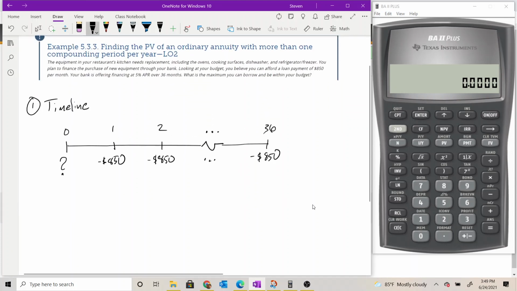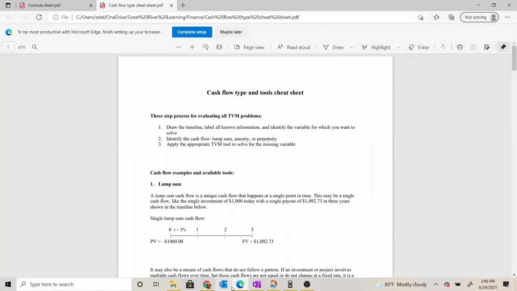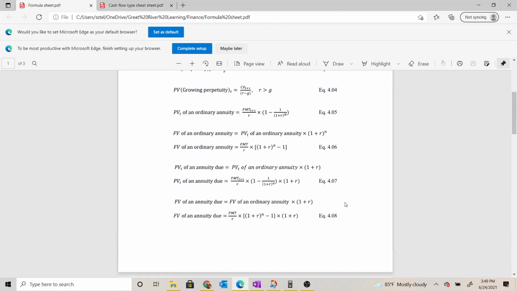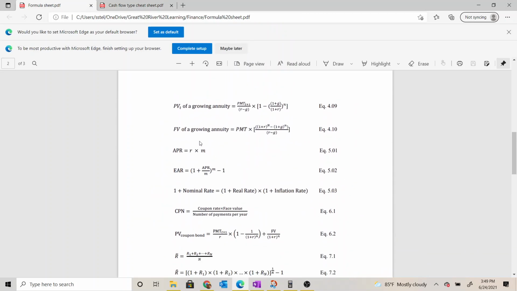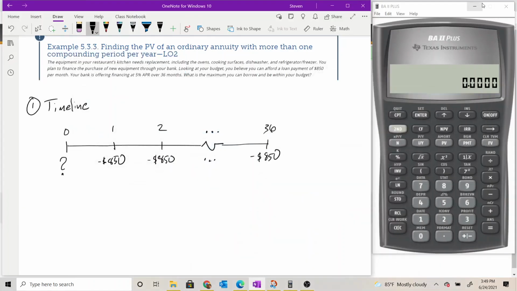The way we can get that is by using the definition of APR. If we look on our formula sheet, on the Chapter 5 formulas, we have the definition of APR right here, where APR is equal to little r times m, where r is the periodic effective rate, in this case the monthly effective rate, because we have monthly cash flows, and m is the number of compounding periods per year.